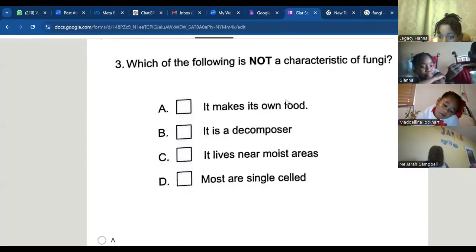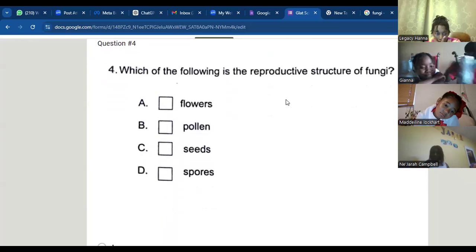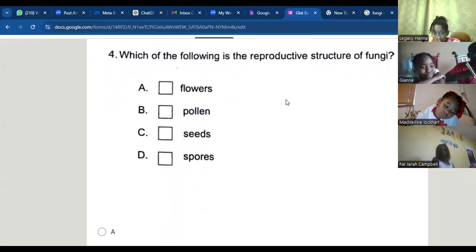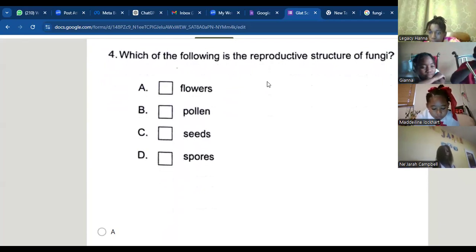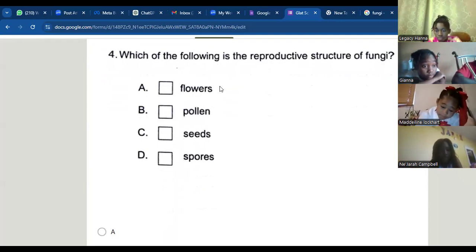So the correct answer is A. Next, go ahead, Najara. Read number 4. Which of the following is the reproductive structure of fungi? Read the options. A. Flowers.